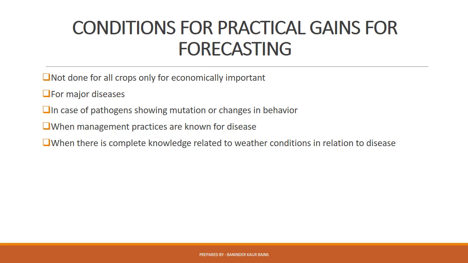We cannot do forecasting for the crops which are sold at very low price or which are cultivated on small scale. They are not basically important. So we only do forecasting for the economically important crops, the crops which are cultivated on large scale in different countries or in a particular country, almost in all the states or in a number of states.